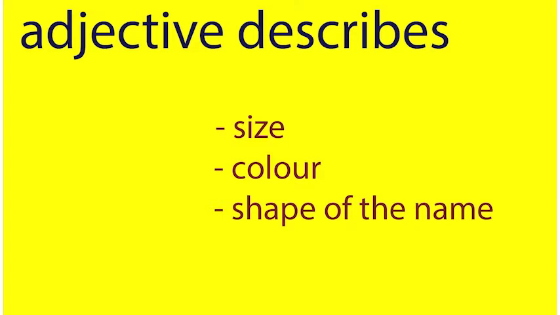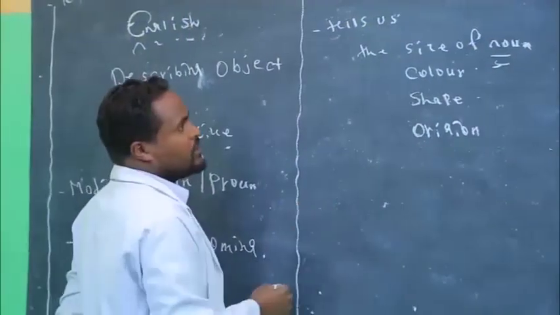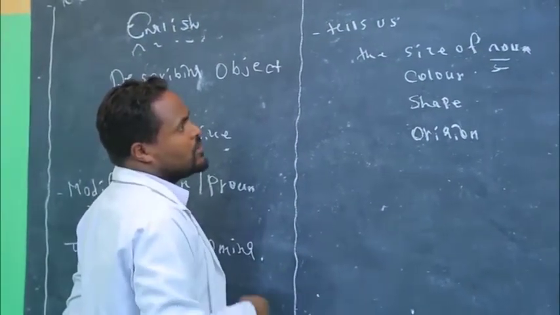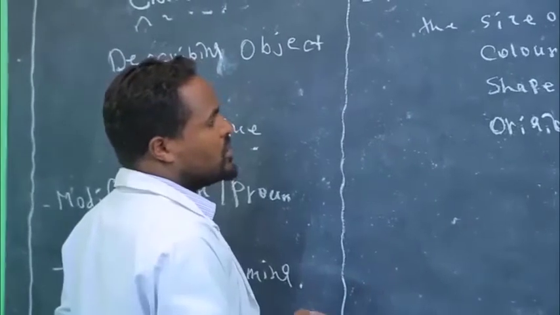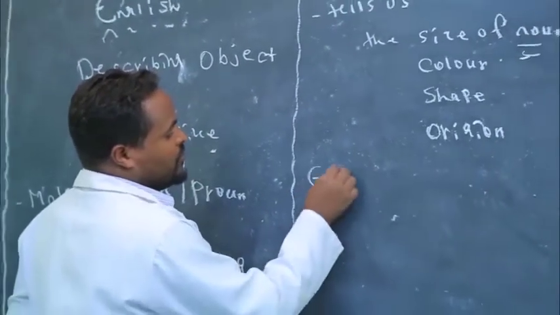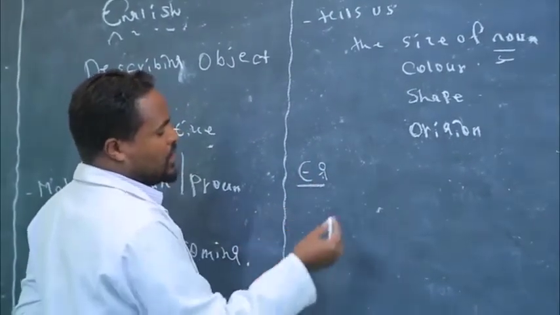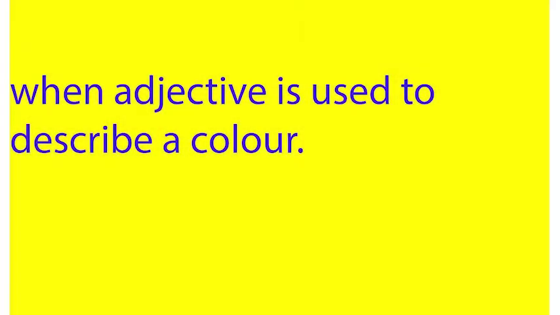We can give so many examples about how adjectives are used to describe a noun. For example, adjectives can describe the color of a noun.